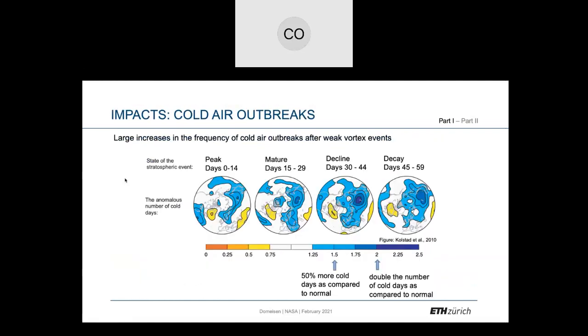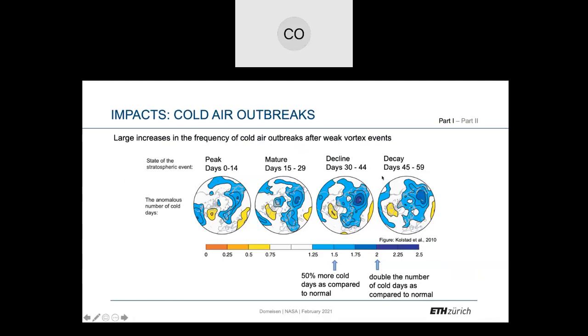Okay, so then if you look at the actual occurrence of extreme events after that, here's an example of colder outbreaks after weak vortex events. This is a study by Eric Kolstad, where he looked at the anomalous number of cold days. So basically just translating this cold anomaly into, does this actually lead to a colder outbreak?